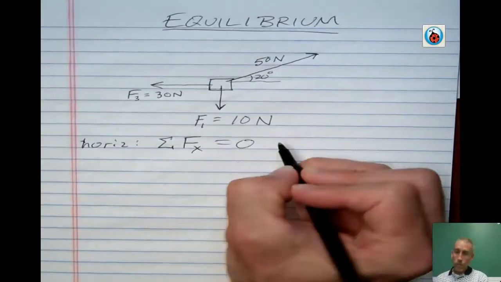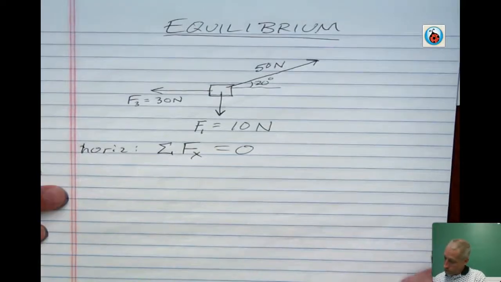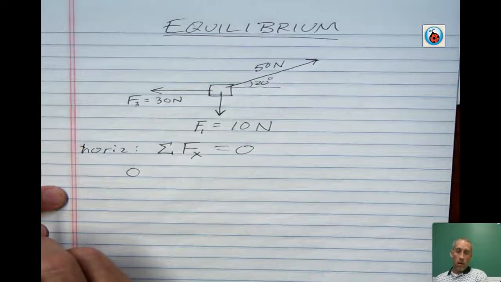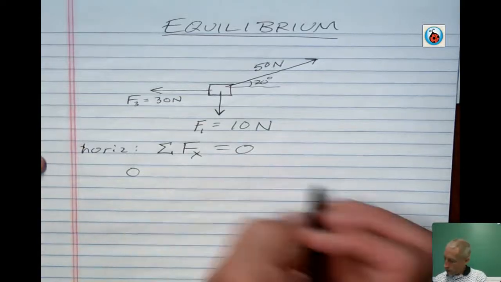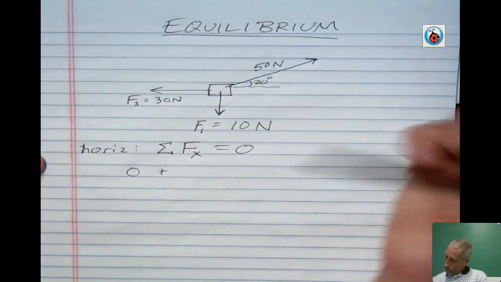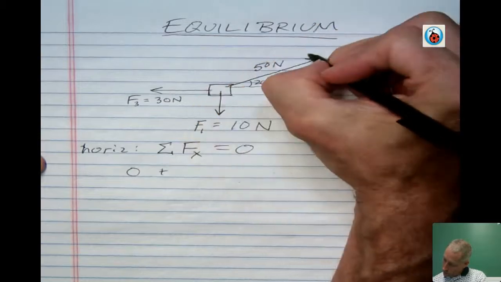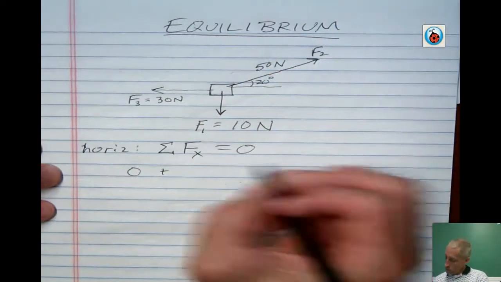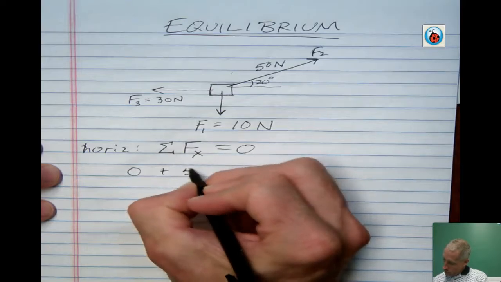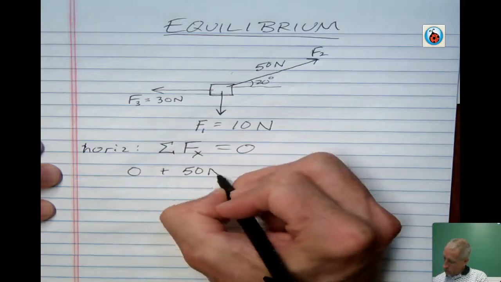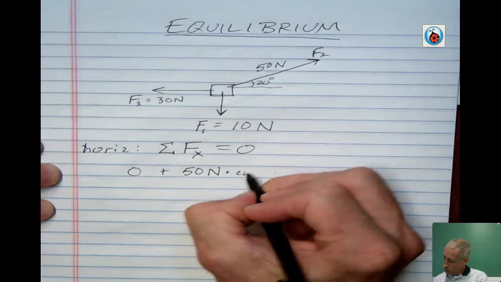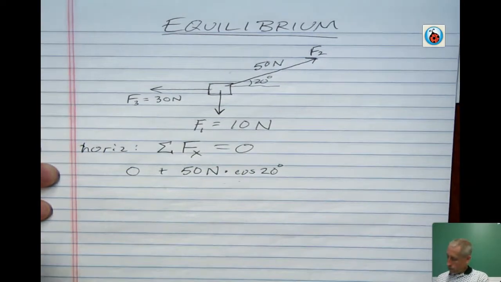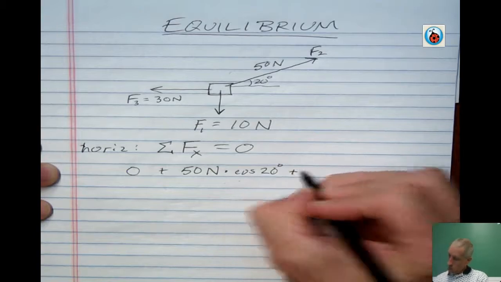And so if we write down what those are, well, F1 has no component in the x direction, so I'll just put a 0 in for that. You typically wouldn't need to do that. F2, remember I called this F2, that 50 newtons is not pointed horizontally, but part of it is. So F2 would have a component in the horizontal direction of 50 newtons times the cosine of 20 degrees. And then F3 is pointed leftward.